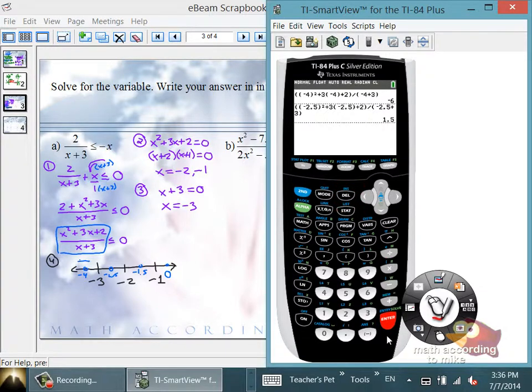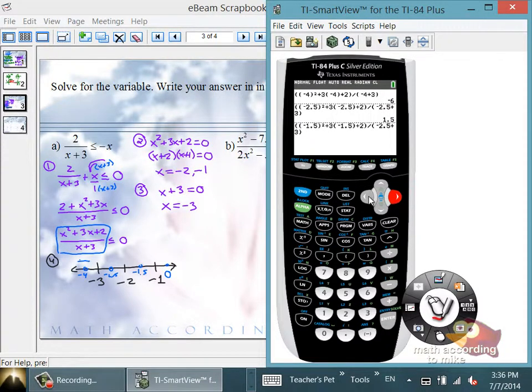So negative 2.5 gives you positive. Negative 1.5, what does that give you? Negative.